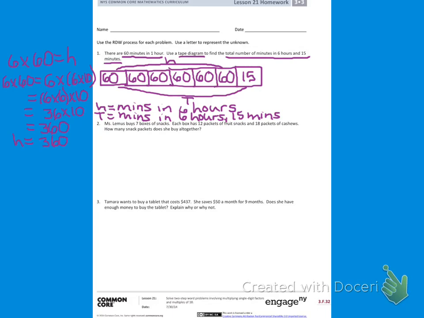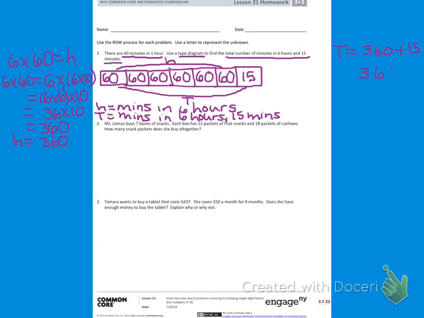Now, let's figure out what T equals. T is the same thing as 360 plus 15. I'll write that vertically.